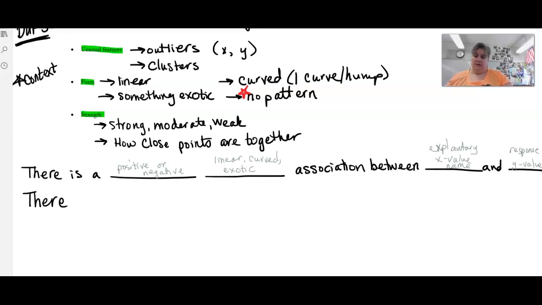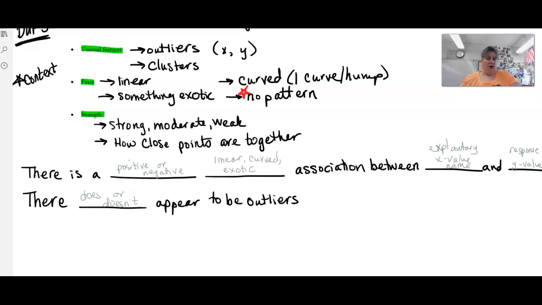There does or doesn't appear to be outliers. If there are outliers, right here you would say where they are.